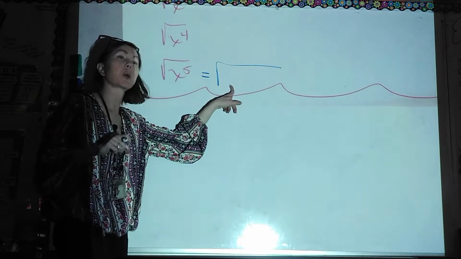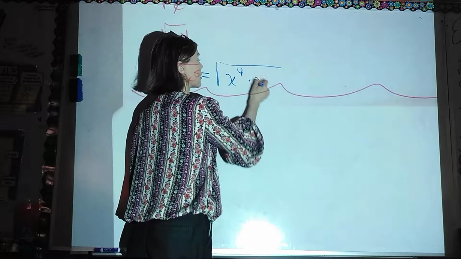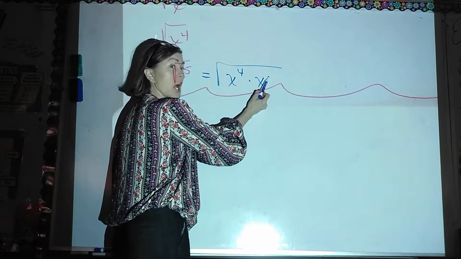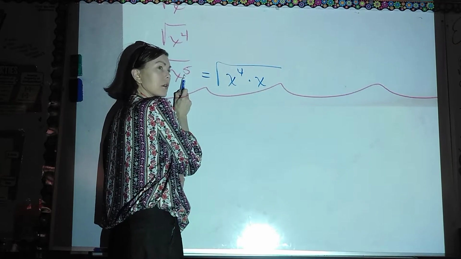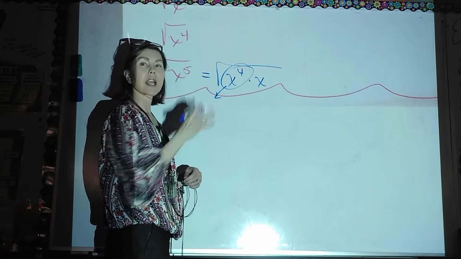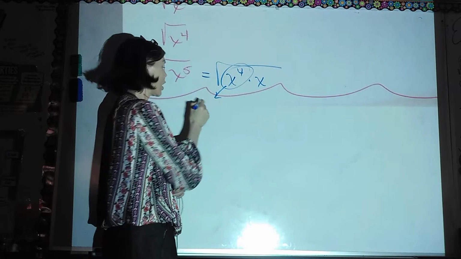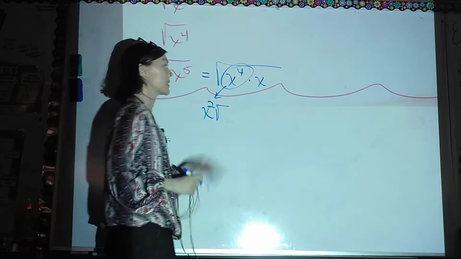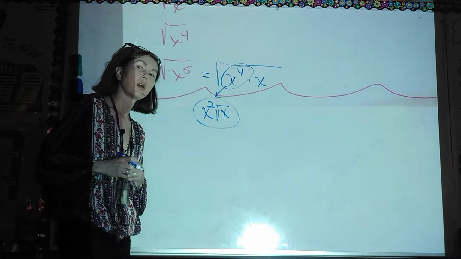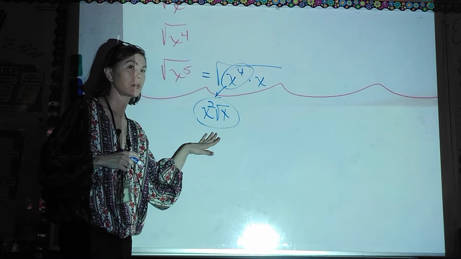The highest perfect square goes first. X to the fourth times x, because 4 plus 1 is 5. Circle that perfect square. Draw the arrow to symbolize you're going to take out the square root of x to the fourth, which is x squared. And what is still left over? The leftover is x, and there you go. So that is our final answer.